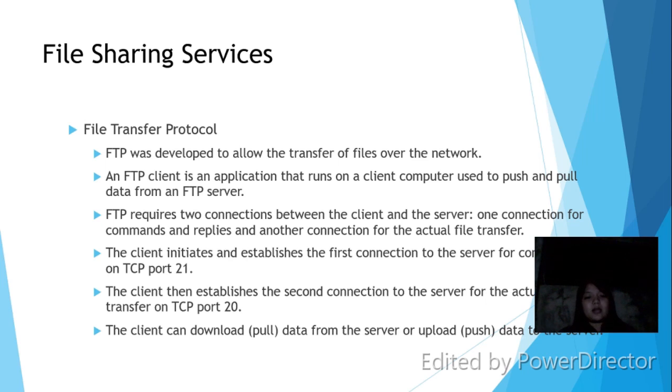FTP requires two connections between the client and the server: one connection for commands and replies and another for the actual file transfer. The client initiates the first connection to the server for control traffic on TCP port 21. The client then establishes the second connection for the actual data transfer on TCP port 20. The client can download or pull data from the server, or upload or push data to the server.